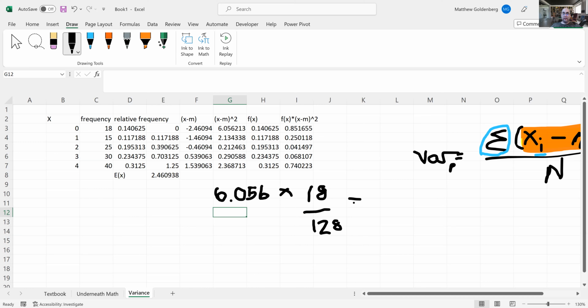What we're really getting in the underlying math is some number over total observations.